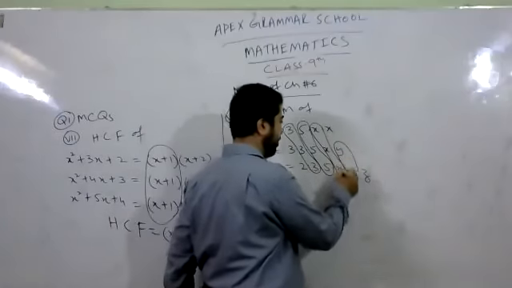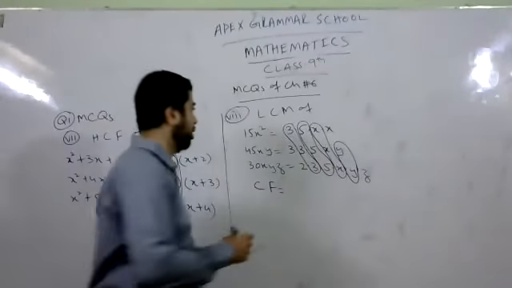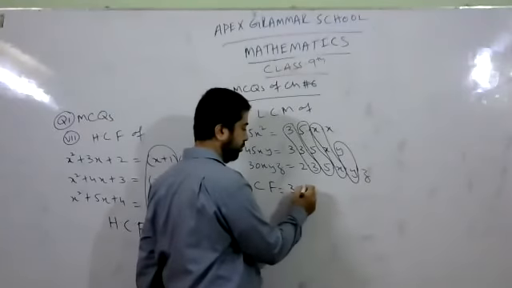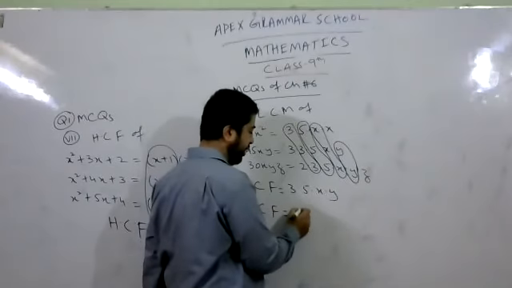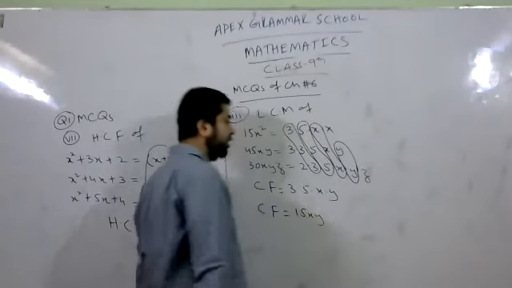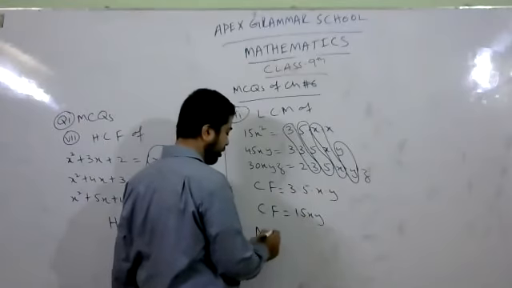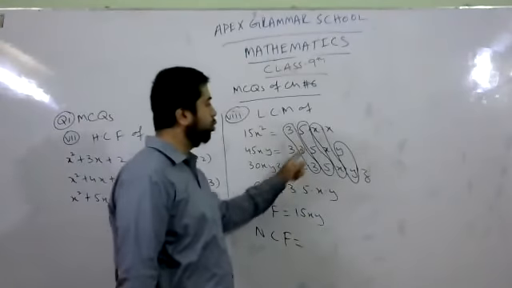Y is also common within these 2 expressions. So this will be considered as a common factor. So 3 multiplied by 5 multiplied by x multiplied by y will make 15xy. These are common factors. And non-common factors are the remaining factors 3, 2, x, and z.